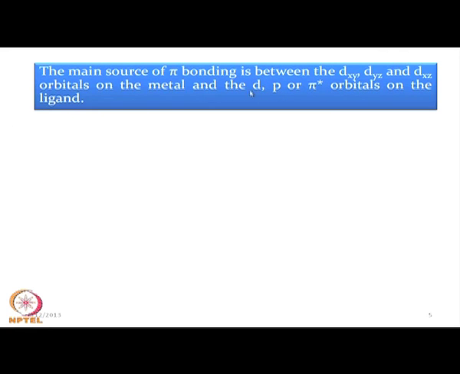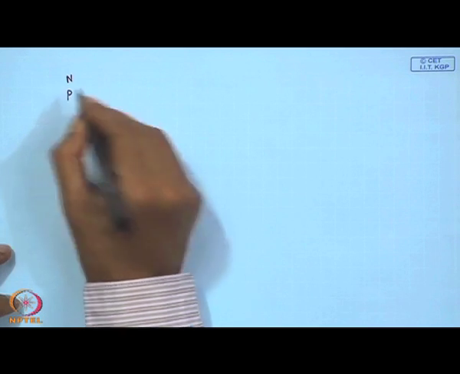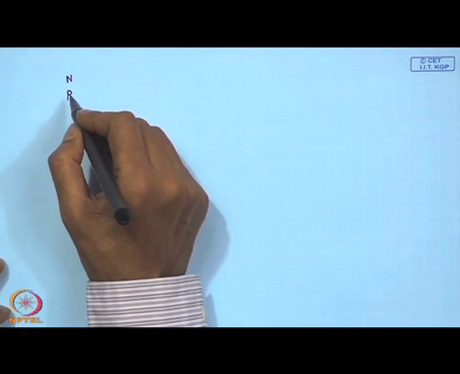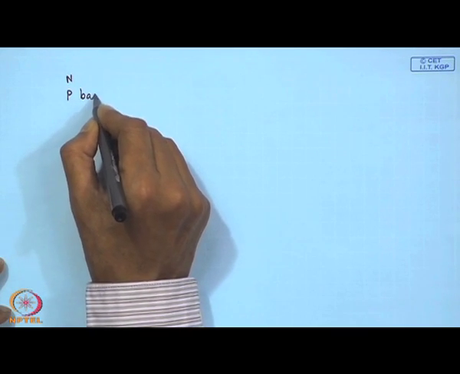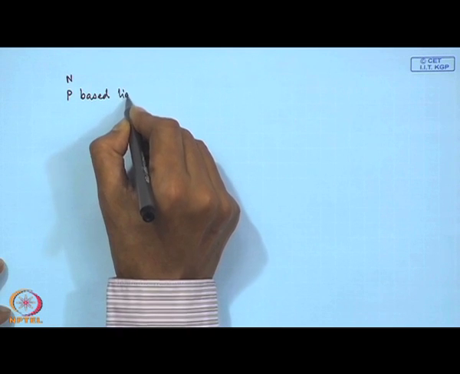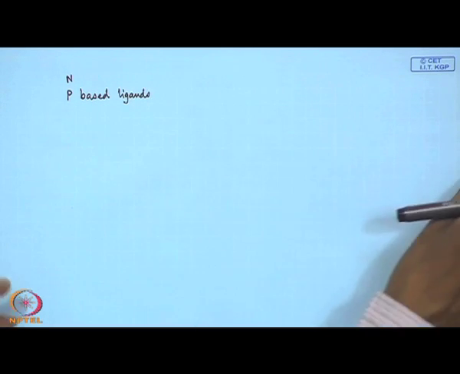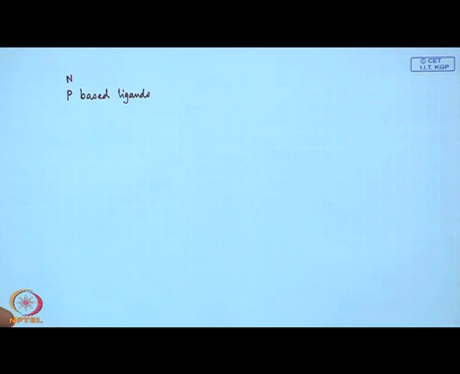If the ligands are of different type, they are not providing only the p type orbitals. If they are having some d orbitals also, that means if we go down from nitrogen to phosphorus, we all know that phosphorus is a bigger atom, and the phosphorus based ligands can therefore have filled d orbitals.